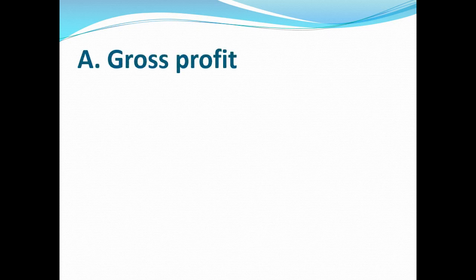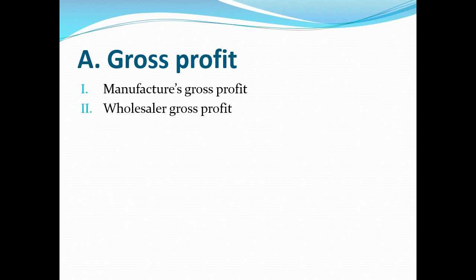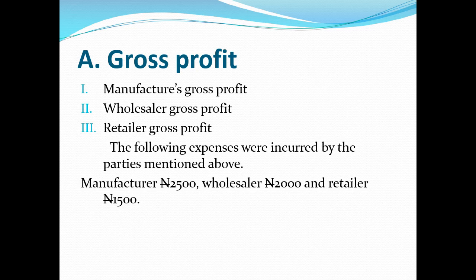Now, I name it in two ways. A is gross profit. We're going to look at gross profit, and then number 1, manufacturer's gross profit. 2, wholesaler's gross profit. 3, retailer's gross profit. Before then, we have to look at the information below.